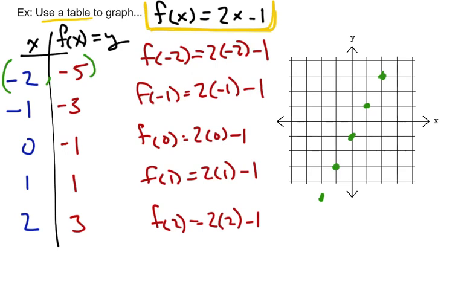So we could pick more points and fill in the gaps if we wanted to. For instance, if we picked 1/2, it would fall right in line with this. If we picked 1.5, it would fall right in line. And eventually, if we picked infinitely many points, they would all fall in line with each other. And so yes, we can draw this line in.